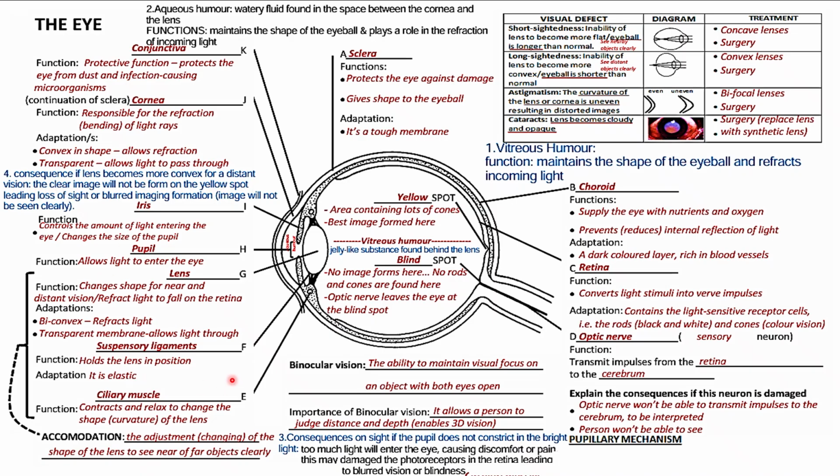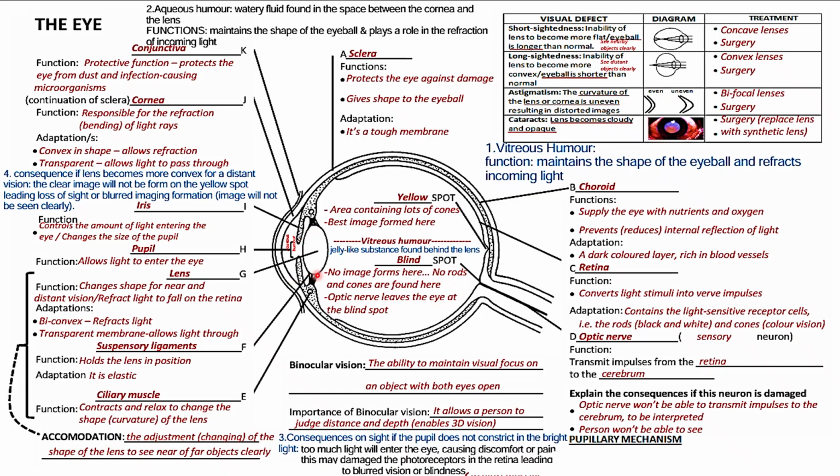But if it does, what will be the consequence? The clear image will not form on the yellow spot, and it will lead to loss of sight or blurred image formation, or the image will not be seen clearly. So the person is not blind, the person is just partially blind. The person cannot see very well.